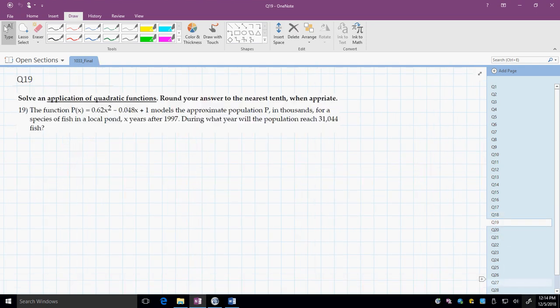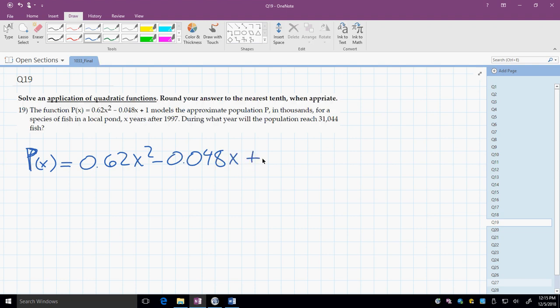Question 19. They're giving us a function, P equals 0.62x squared minus 0.048x plus 1. P is population.